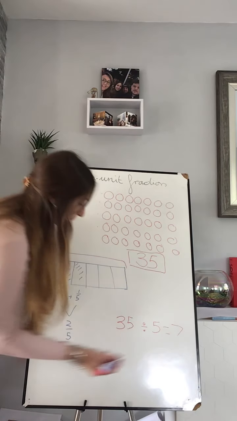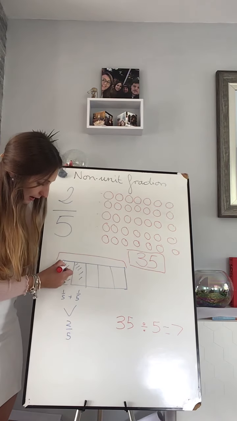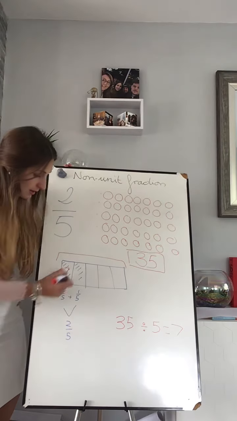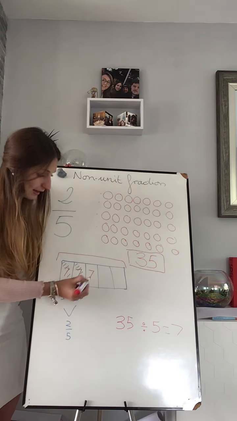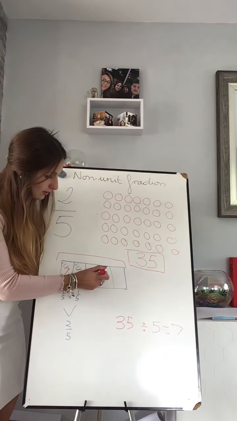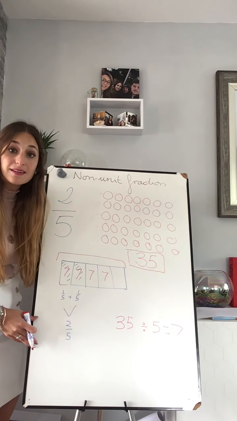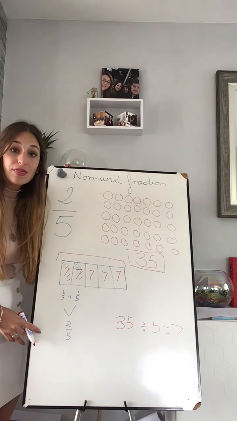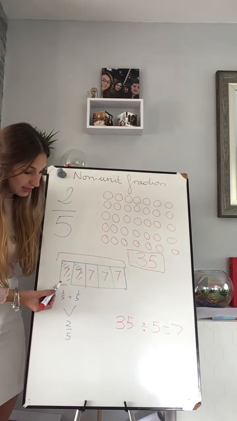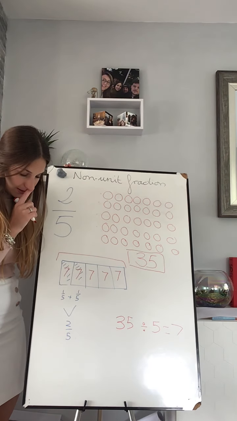That's right. So I have a group of 7, another group of 7, 14, another group of 7, 21, another group of 7, 28, and another group of 7, 35. And I'm getting 2 groups of 7.